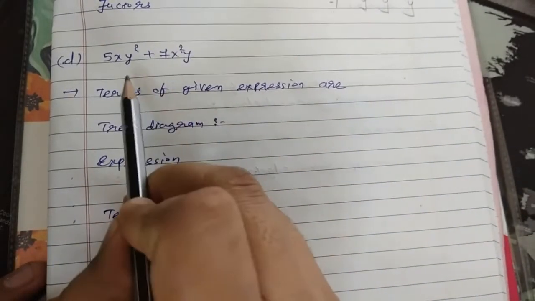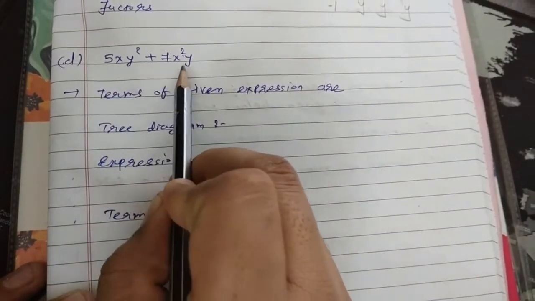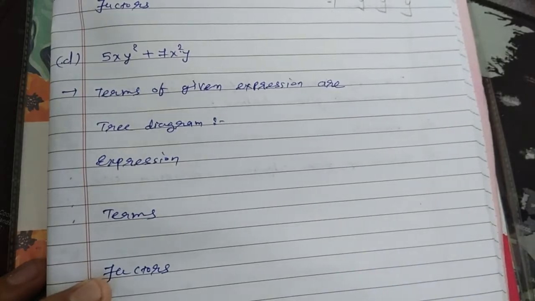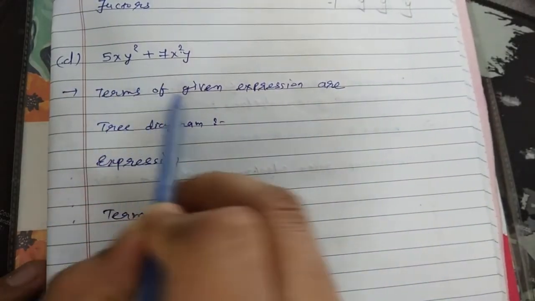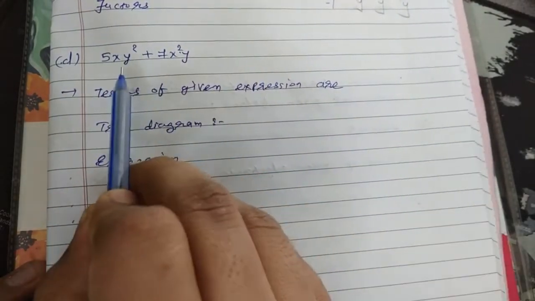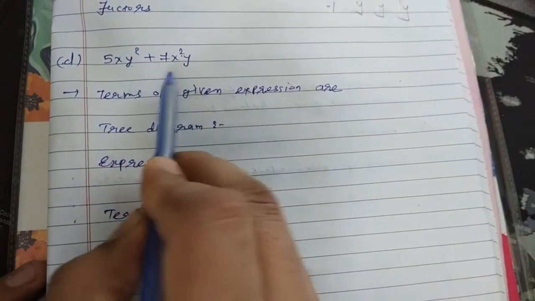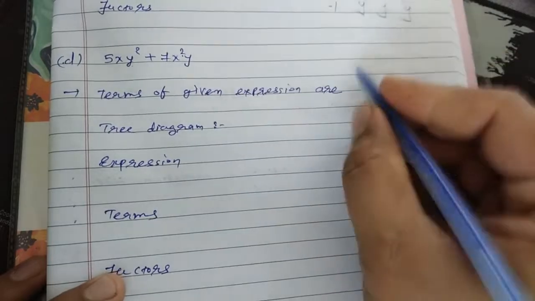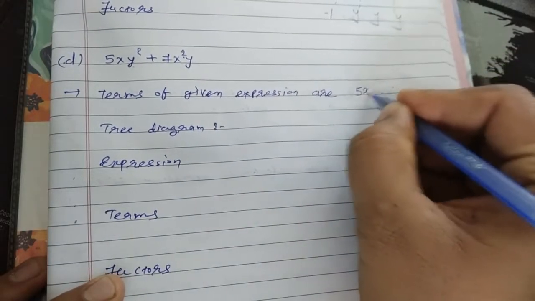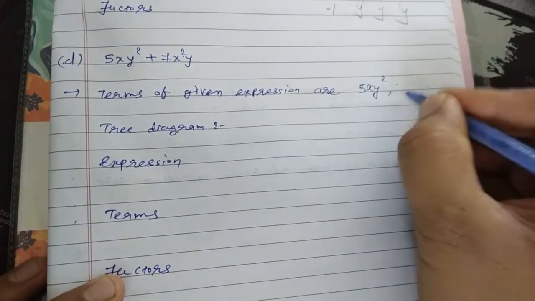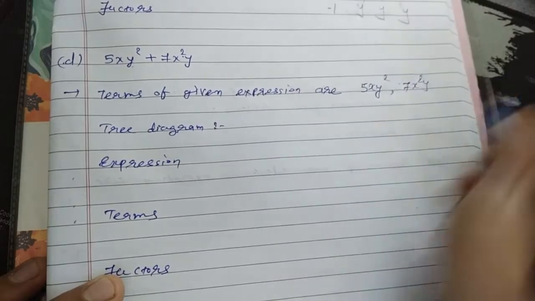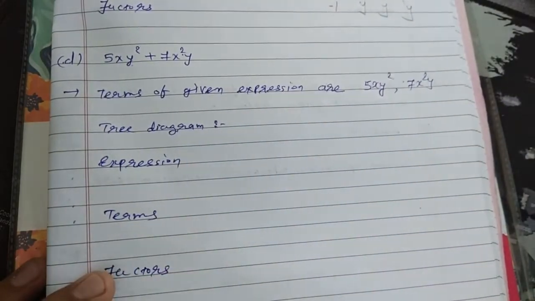Next, 5xy square plus 7x square y. Here 2 terms are there, one is 5xy square and another one is 7x square y. Now we will draw the tree diagram.